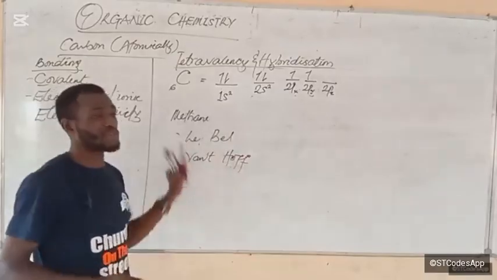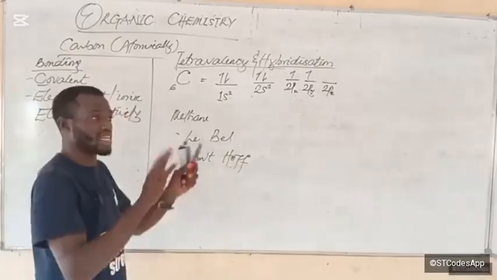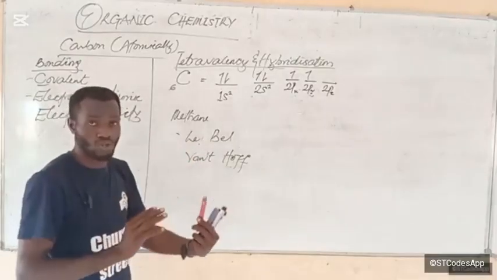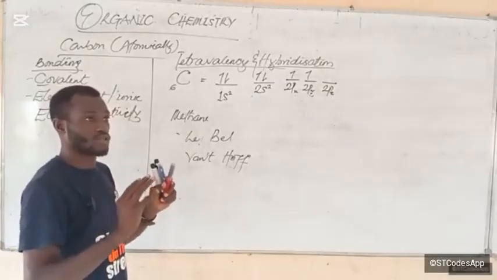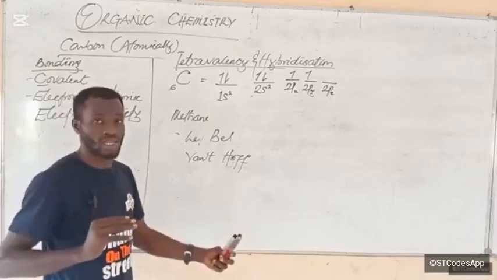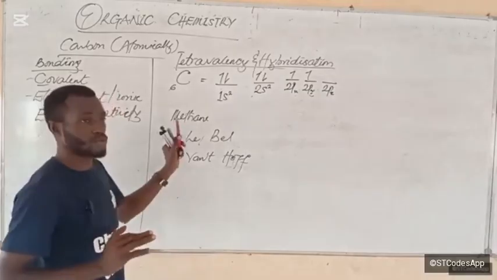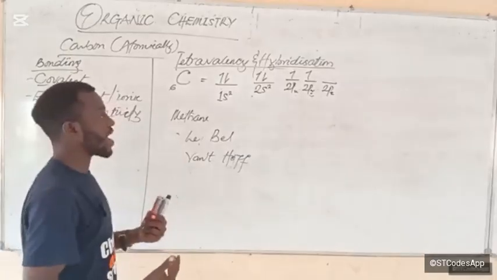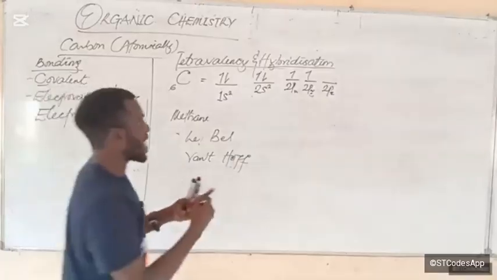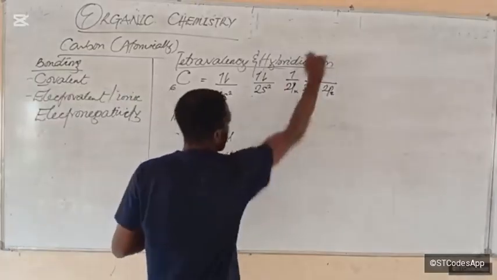They were able to explain why methane has its tetrahedral structure, and why that same tetrahedral structure is shown in all alkane families. I think they basically used methane to explain that, and I'm going to do justice to that now. So they used the concept known as hybridization to explain it.